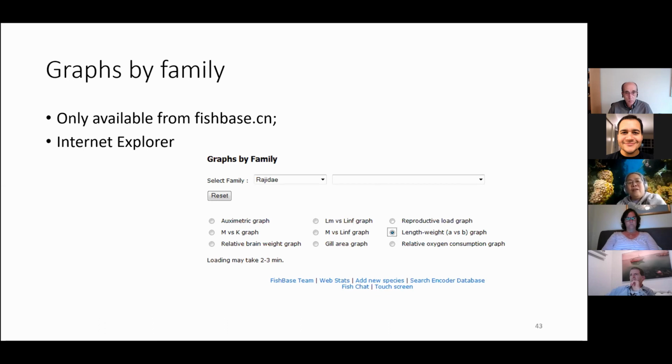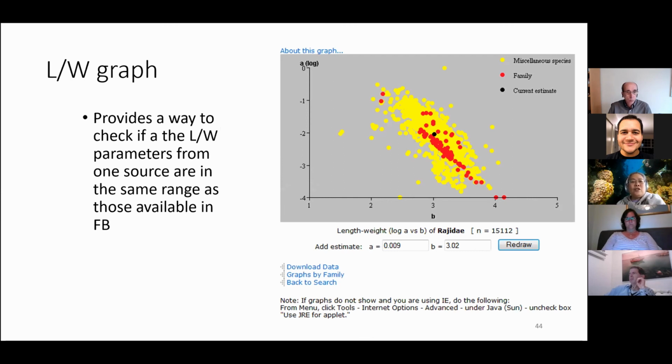Then you can have an idea, if you are using something that is not from FishBase and you wanted to know whether those could be acceptable within the range of the possible values for a species, you use the graphs to measure those points. So that's just an example for the length weight graph. If I had a separate A and B not coming from FishBase, where would that be in this graph for that species or for that family?